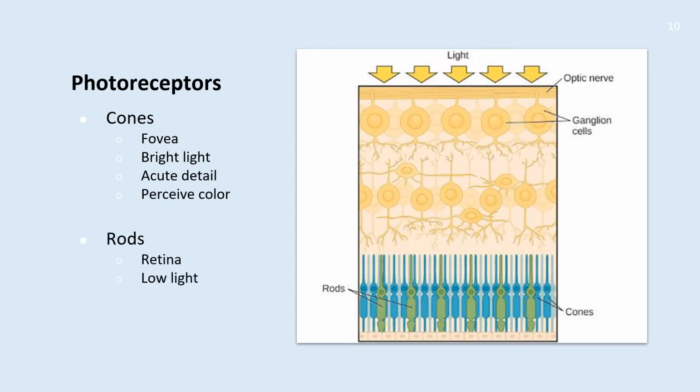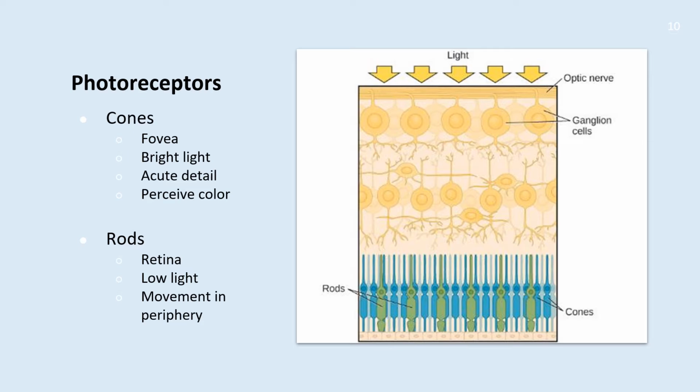And while rods lack the resolution, the degree of acuity that cones do, and the color function of cones, they're involved in our vision in dimly lit environments and our perception of movement in our peripheral field.